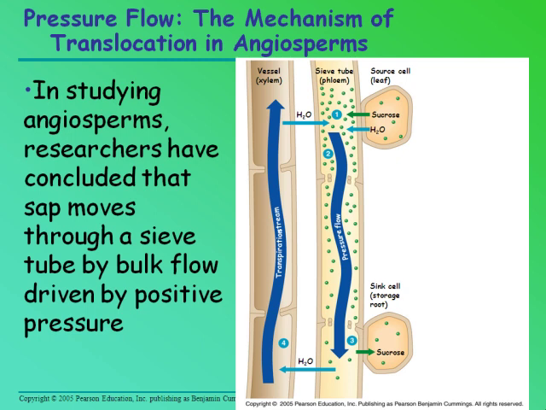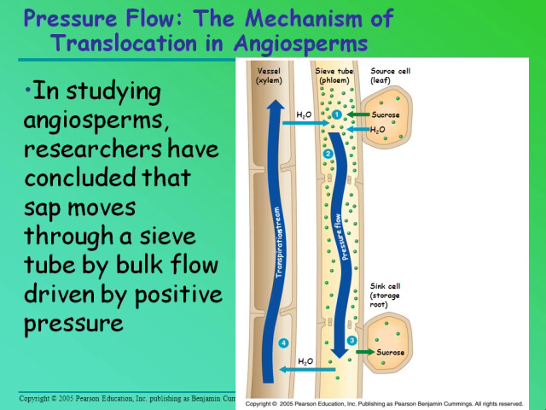The uptake of water generates a positive pressure that forces the sap to flow down the tube. The pressure is relieved by unloading the sugar and the consequent loss of water at the sink, which is down here. So here the sucrose is being stored in the sink.